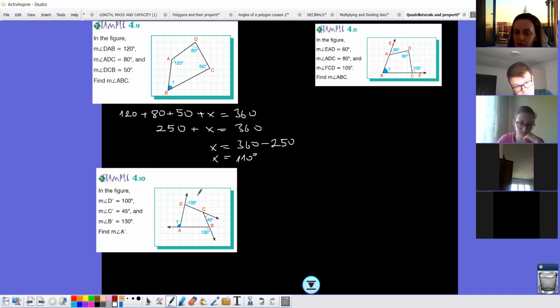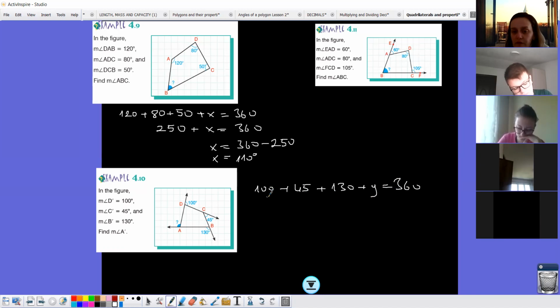Here, the exterior angles are given. Only 1 of them is missing. So also here we'll do the same thing. 100 plus 45 plus 130 plus, let's say here, y is equal to 360.